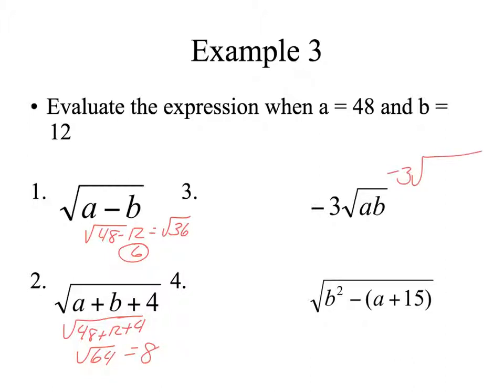Negative 3 times the square root of 48 times 12. That's negative 3 times the square root of 576. You'd obviously need to do that one in the calculator. That's negative 3 times 24, which is negative 72.